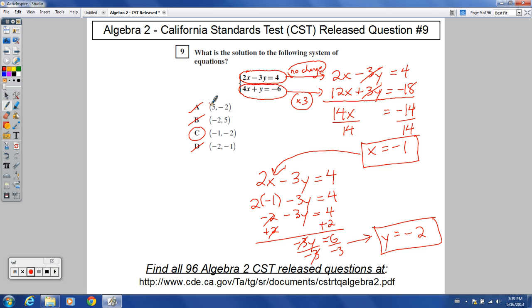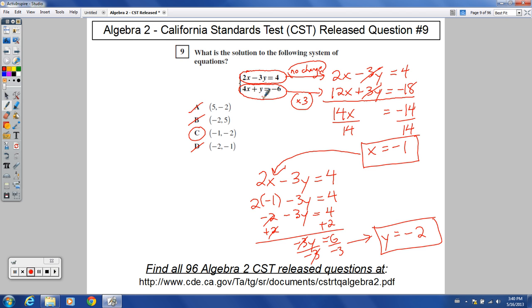Could you, as another way to do this, seeing this is a multiple choice question, plug all these values into both equations and see for which one the values hold true for both equations? Yes. Let me say that a little more clearly: you can check your answers by just plugging these in for x and y.